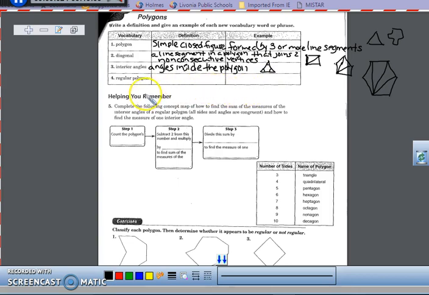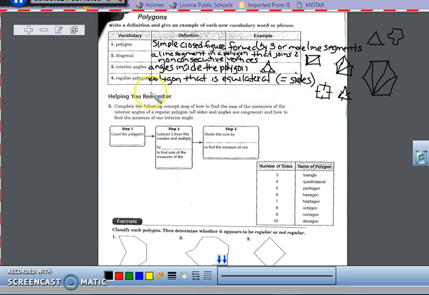A regular polygon is a polygon that is equilateral, which means equal sides. Alright, so that would be your squares, your equilateral triangles, and then any other shape that has markings, the little hash marks all the way around to show that they are equal.